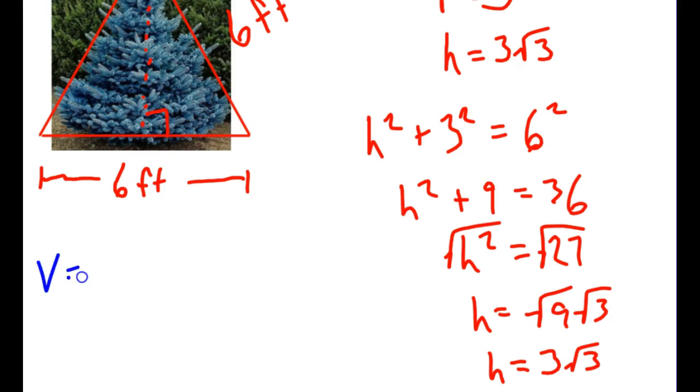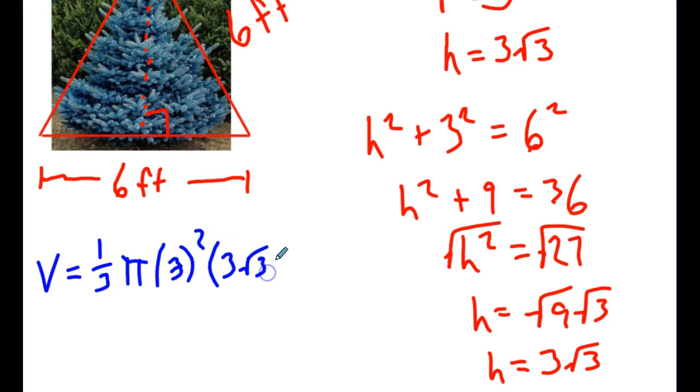So the volume is equal to 1/3 times pi times the radius squared, which is 3 squared, times our height, which is 3 radical 3. If you plug that in, we get approximately 48.97. Our label was feet, and we are talking about volume, so that will be feet cubed. So approximately 48.97 feet cubed would be the volume for each of those trees.